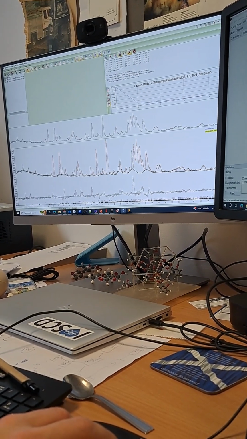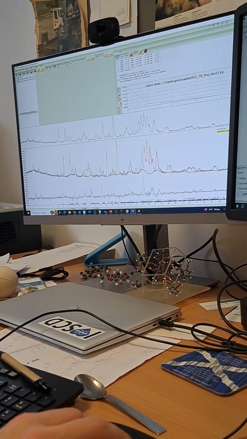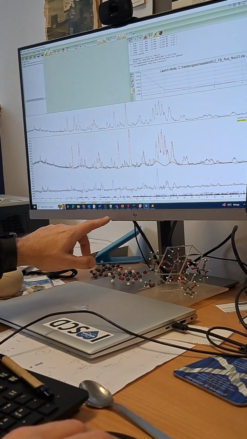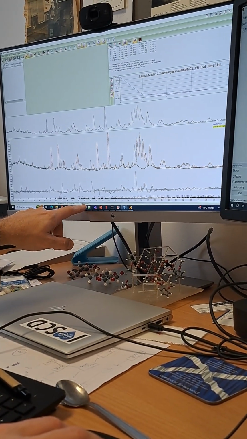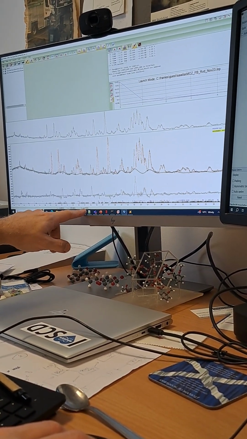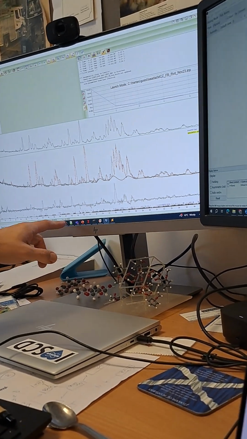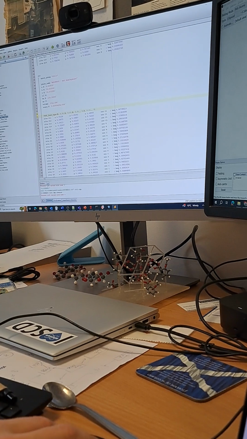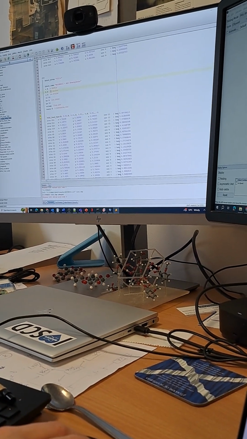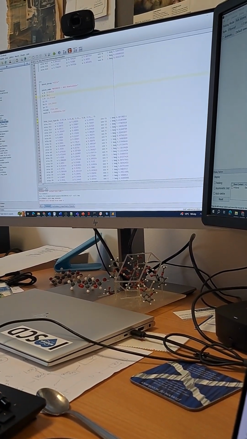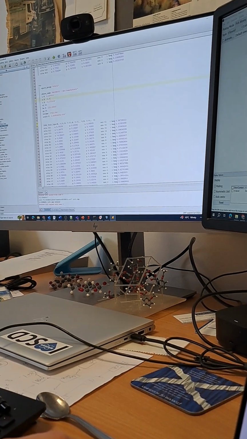If I hover my mouse over here, it is saying 15.74, so that's 31.4. And yes, I can put that value in, 31.4, because I don't need to worry about anything else.